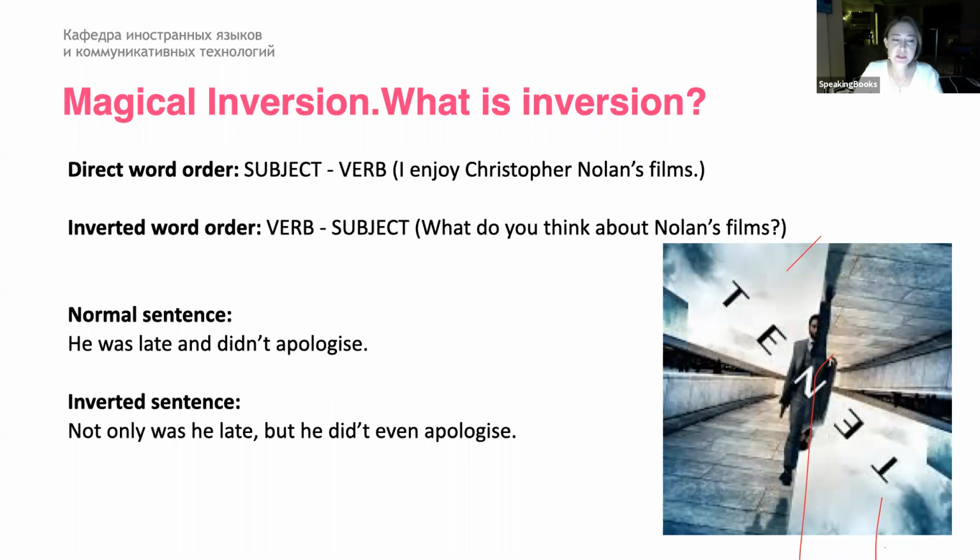So you can notice that the sentence at the bottom of the slide is inverted. It is not a question, it's a statement. However, what we have here is that the verb was goes before the subject. That is what is called an inverted sentence or inversion in the English language.